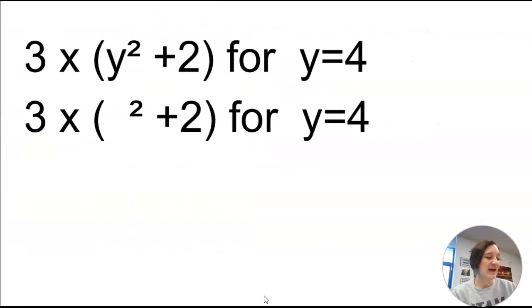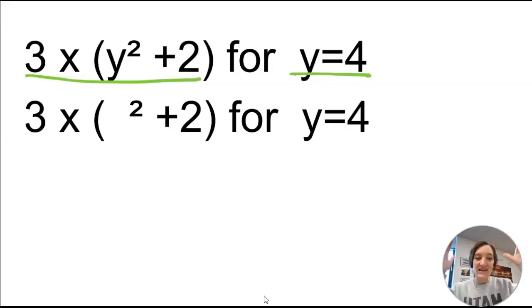This next one, we have another expression with a y, and we know that y is 4. So we're immediately going to rewrite it, but without the variable, we're going to write a 4 instead. We're going to do parentheses first. Inside the parentheses, we're going to do exponents before we do that addition.